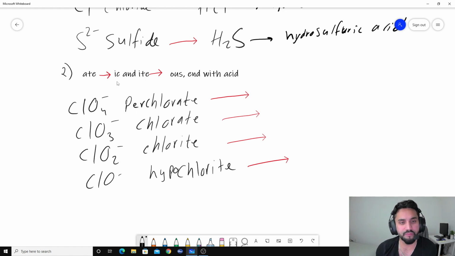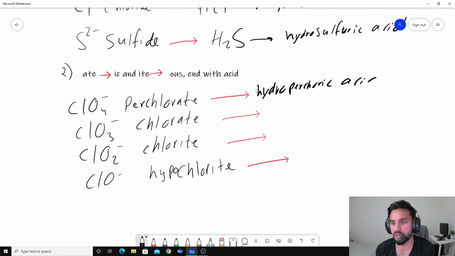So remember those oxyanions with different number of oxygens. Similar situation, the ending ATE or ITE changes. So ATE becomes IC and ITE becomes OUS. So again, we keep the prefix, hydroperchloric acid, and then ending always ends with acid.